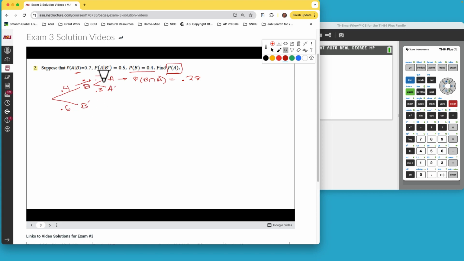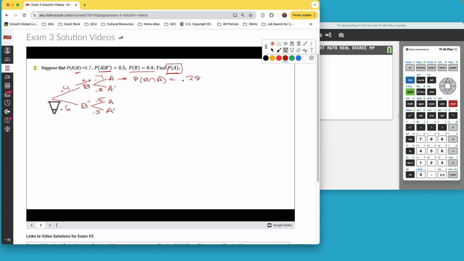Likewise, down when B doesn't happen, given B didn't happen, what's the probability of A? Either A happens or A doesn't happen. The probability of A happening, given not B, is 0.5. We have a 0.5 here, and we also have a 0.5 here. We're not going to use it right away, but if we needed to, we could.